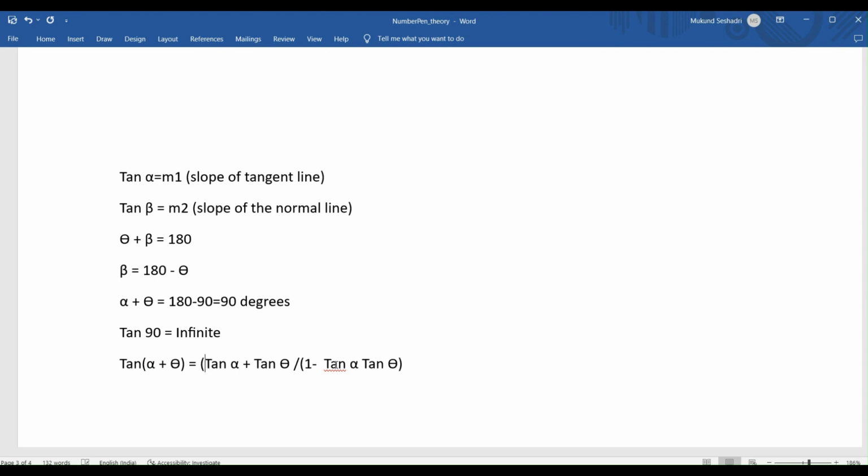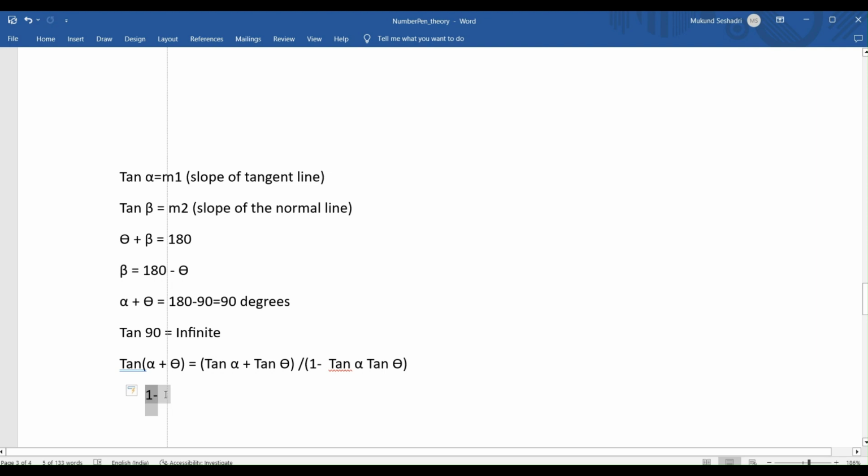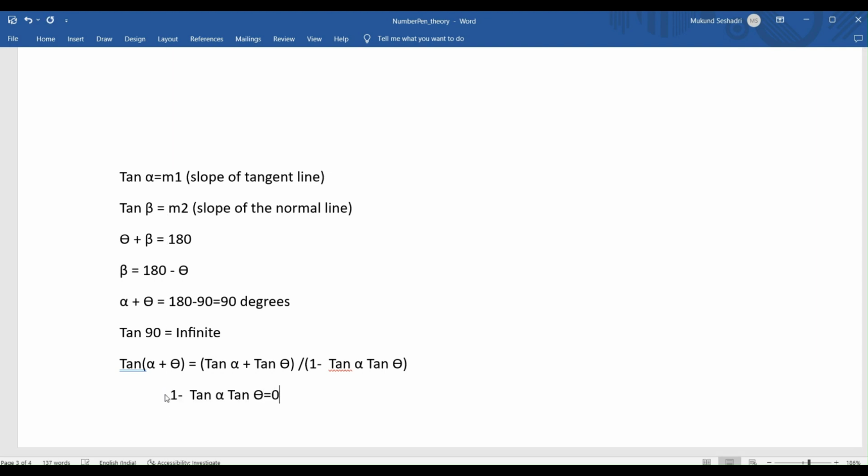If tan 90 is infinite, then the denominator of this equation has to be 0. So 1 minus tan alpha tan theta equals 0, which means tan alpha tan theta equals 1. Only then will this expression become infinite, because it is equal to tan of 90.